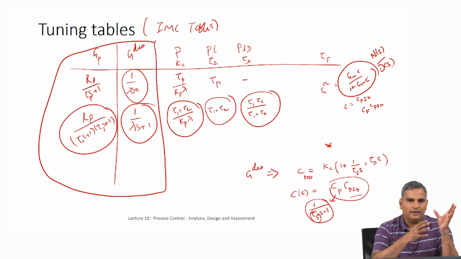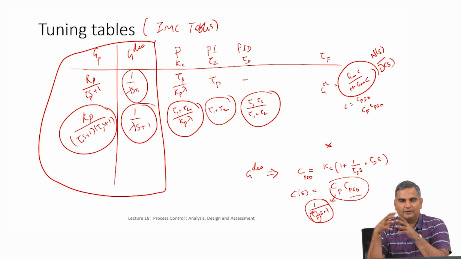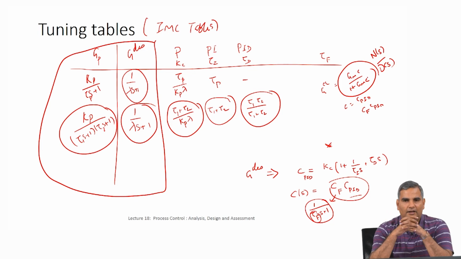You have a Y and you have a term corresponding to Y set point and a term corresponding to disturbance. Okay. Now I said once I show you how to get these transfer functions, then the analysis is straightforward because we are going to use the same N(s) over D(s) form, and whatever we did for open loop systems, the same thing we are going to do for the closed loop systems.